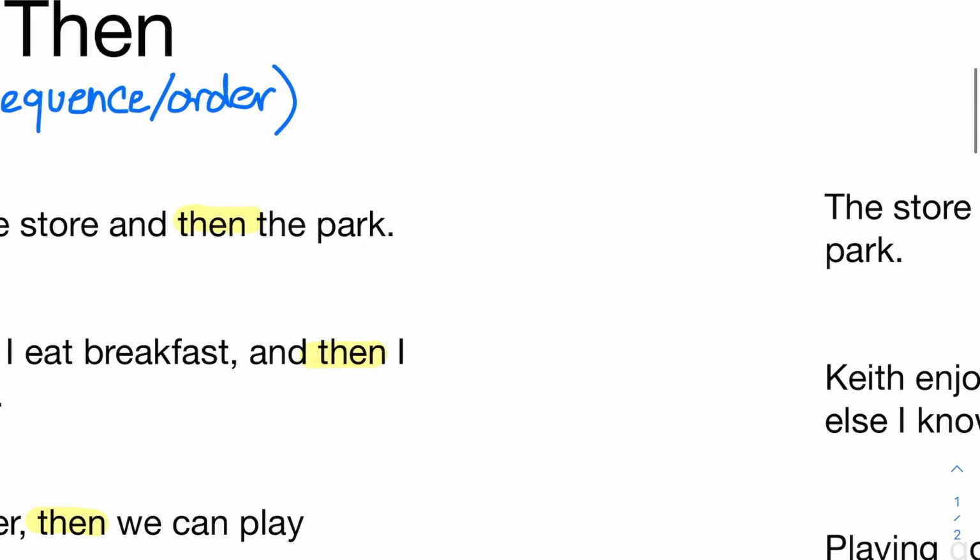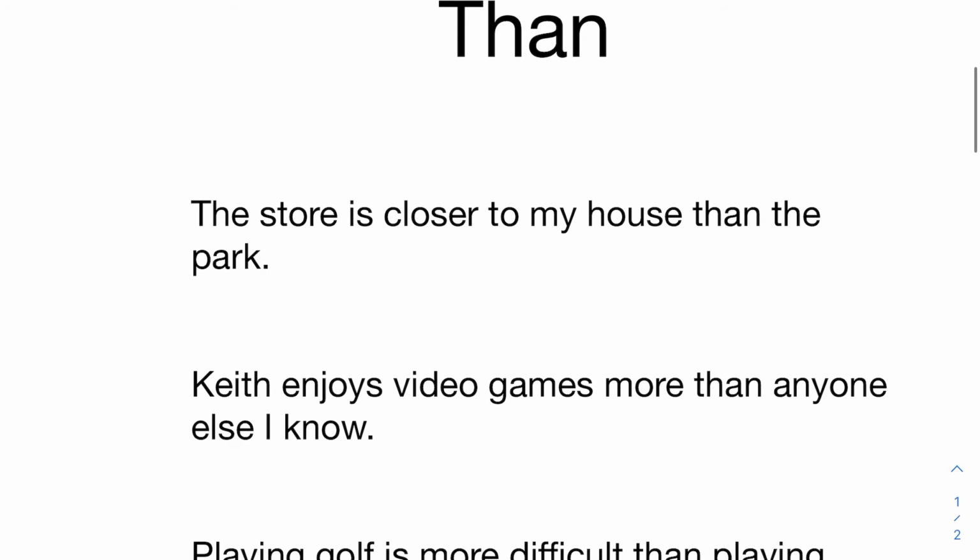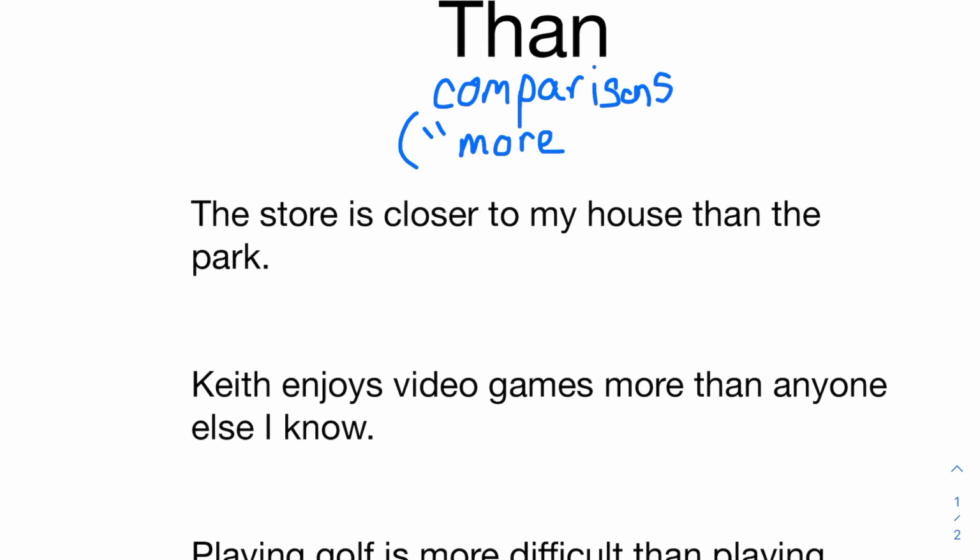Now let's take a look at "than." So "than" with an A is going to be used for comparisons. And there's a couple key words that we want to note for comparisons. Put a little parentheses under here. We want to look for words like "more" or adjectives that end in ER.